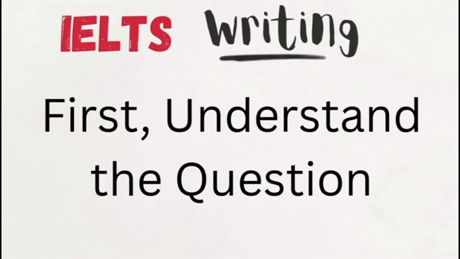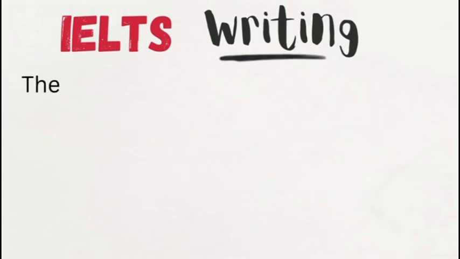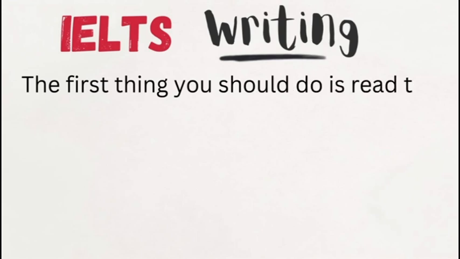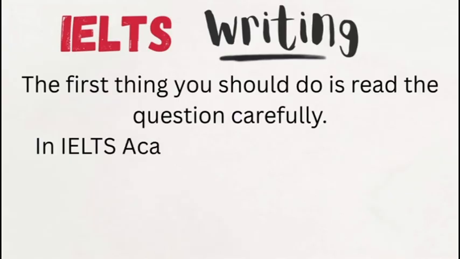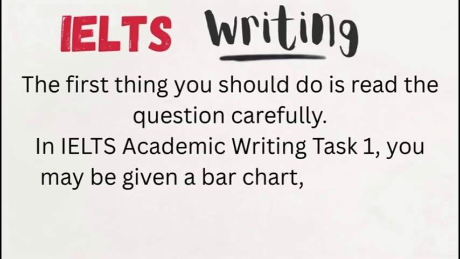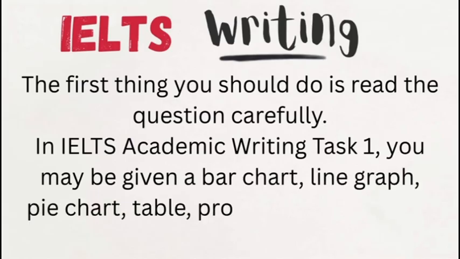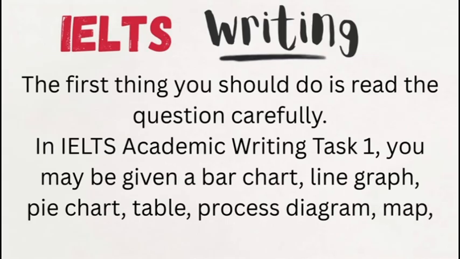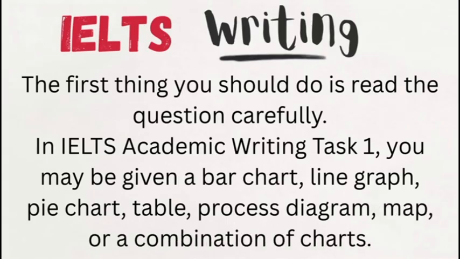First, understand the question. The first thing you should do is read the question carefully. In IELTS Academic Writing Task 1, you may be given a bar chart, line graph, pie chart, table, process diagram, map, or a combination of charts.